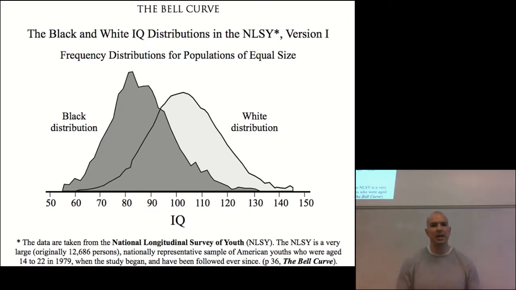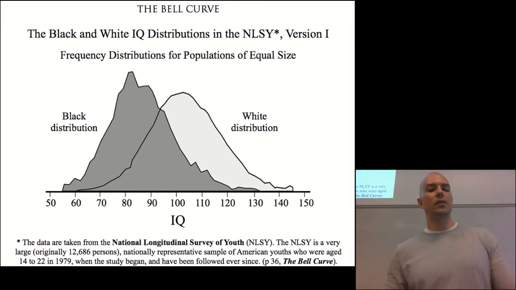Oh, I can't see the date on this, but this shows the frequency distributions for black and white individuals and what their IQ distributions are. And you can see that the distribution for black individuals is lower than the distribution for white individuals. So if people forget, it's very important to remember that a normal distribution occurs when lots of random factors work together.